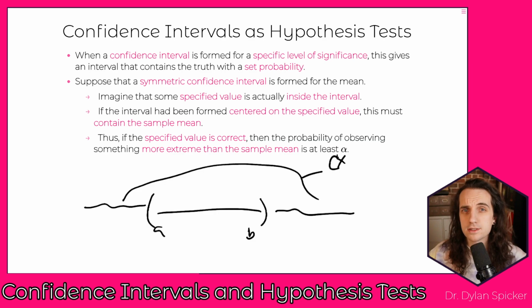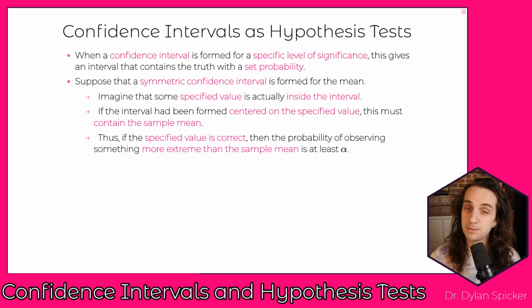And because the sample mean is within the confidence interval, we know that there's at least an alpha probability that something more extreme was observed.